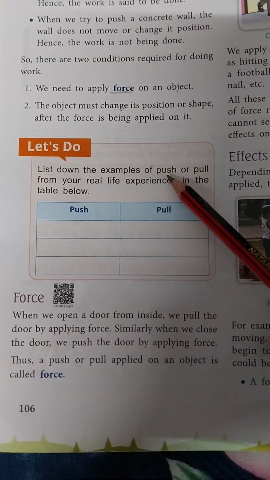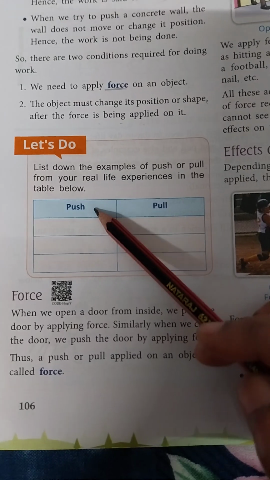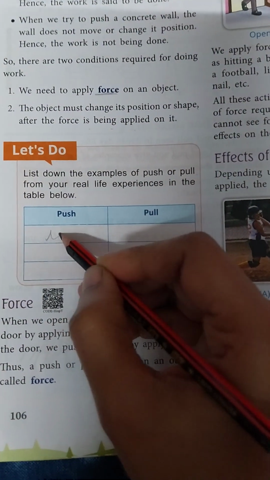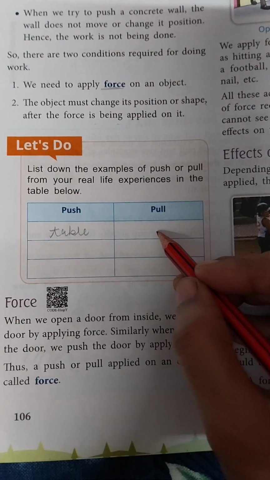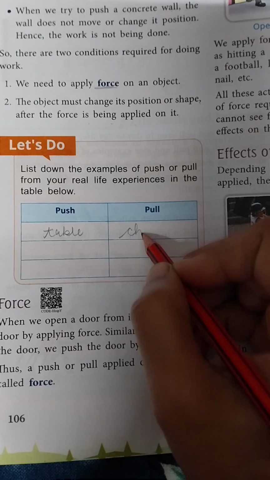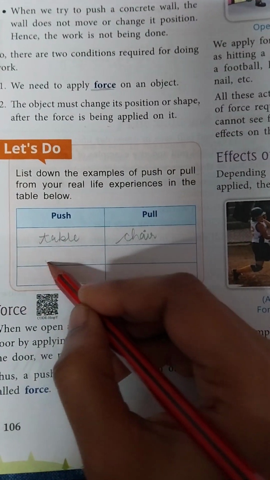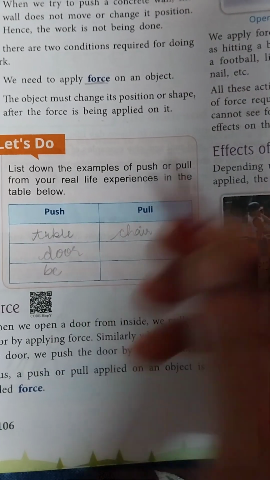So let's do this activity. List down the examples of push or pull from your real life experiences in the table below. So what do we push? Table. Let's write table. What do we pull? Chair. What do we push? Door. Bed. I'll write bed also.